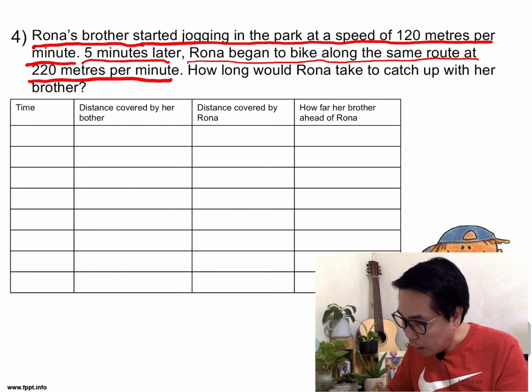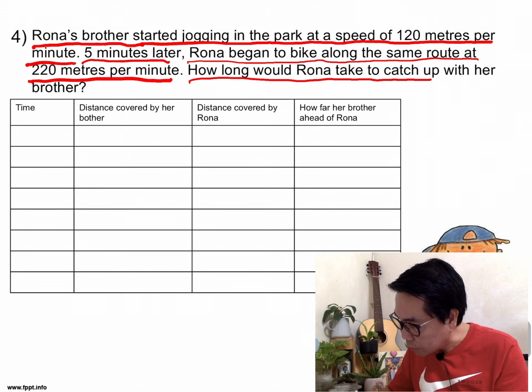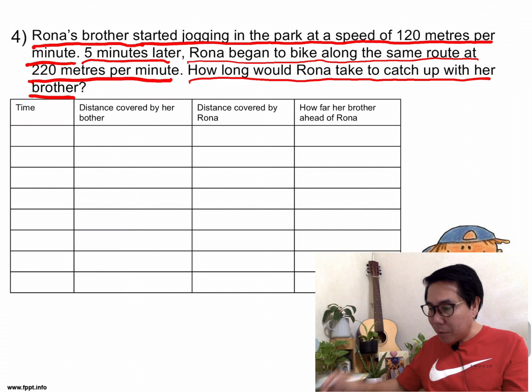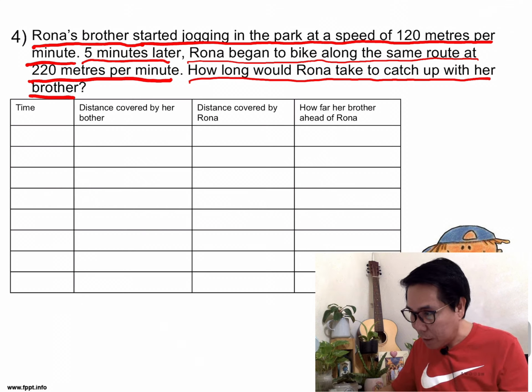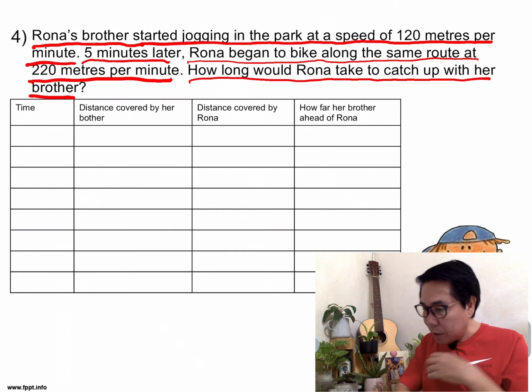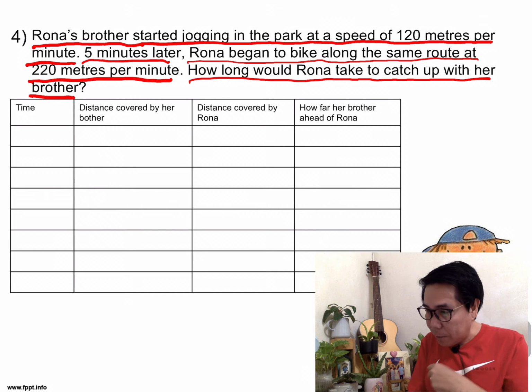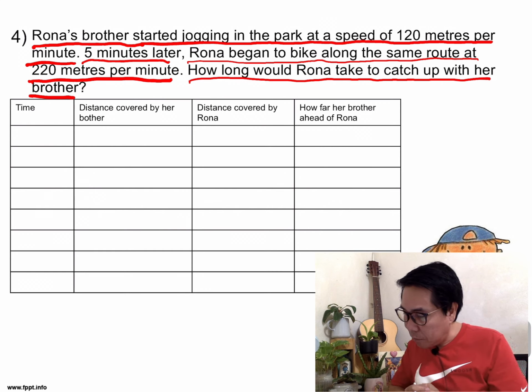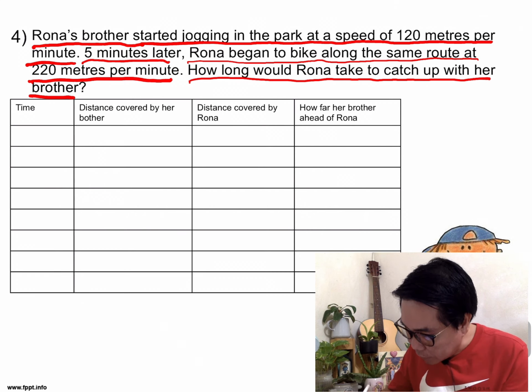How long would Rona take to catch up with her brother? I have here a table which we have to use, listing method first. It says in the problem that 5 minutes, 120.